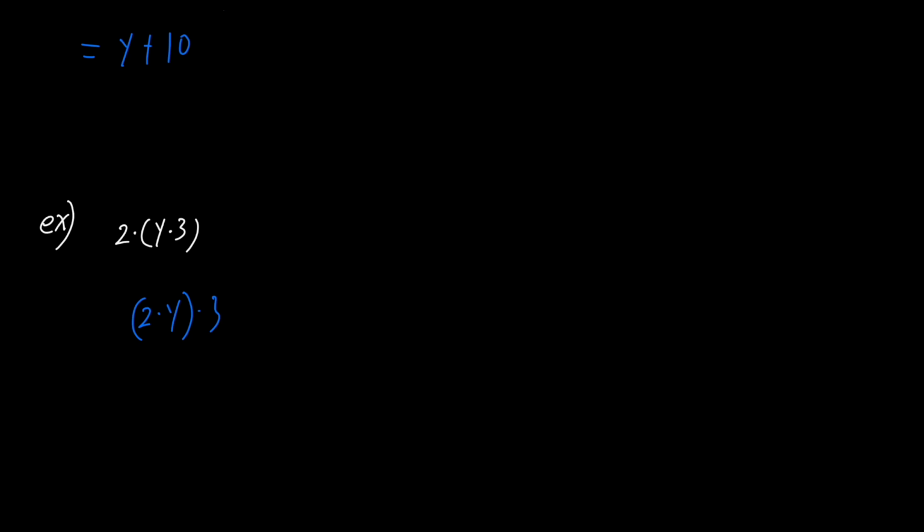But let me remind you, in the previous video, we learned about the commutative property, the second rule. So a times b equals b times a. It doesn't matter if we switch the order or not, the result will still be the same.